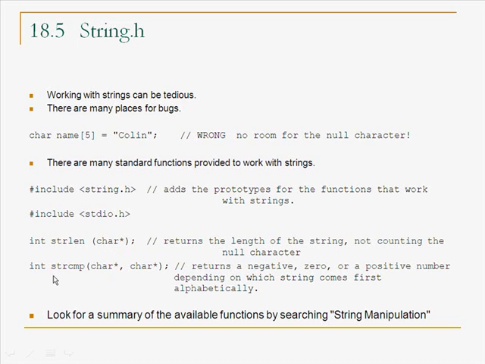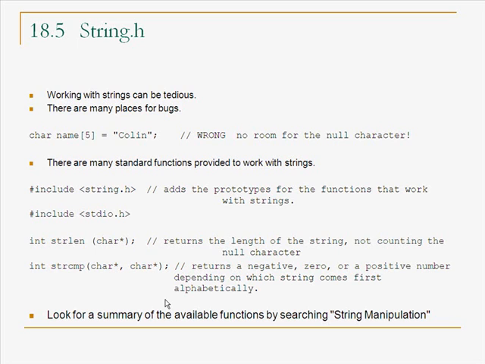So there are lots of them. Here's one called string compare, strcmp, and it returns a negative number, a 0, or a positive number, depending on which of these two strings passed in comes first alphabetically. So it goes through each of the characters in the string and compares them, and the first one that it comes to that's different, it will decide whether the first parameter comes before the second parameter.